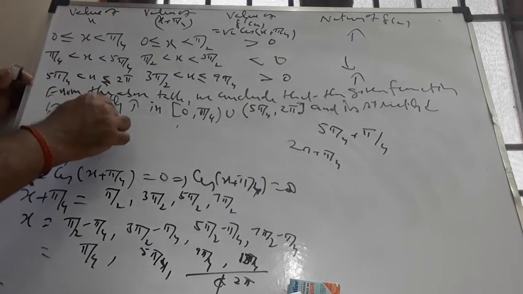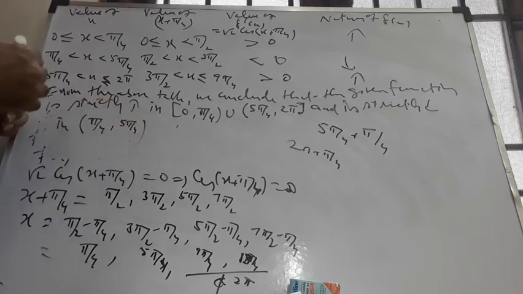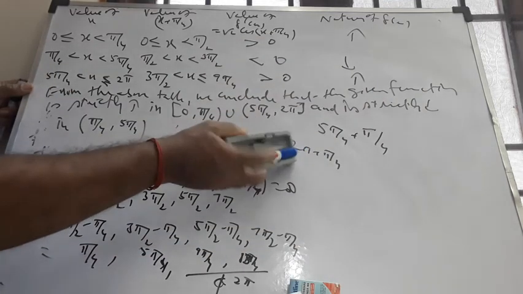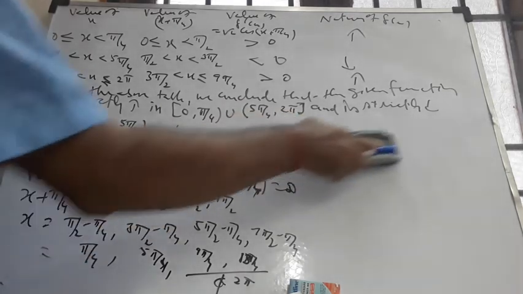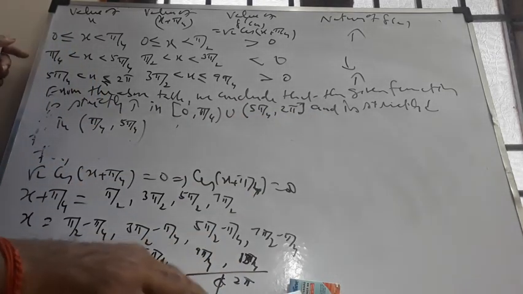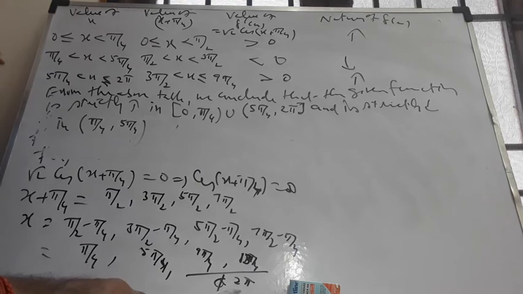Pi by 4 comma 5 pi by 4. That is the way I am supposed to give the conclusion.